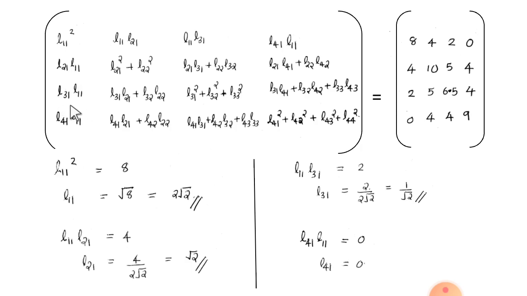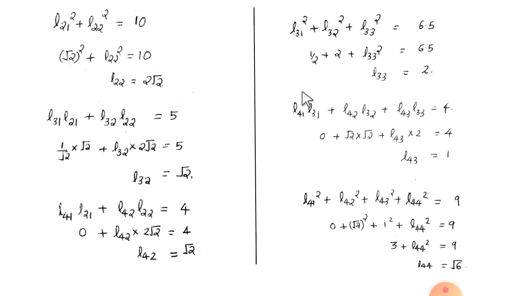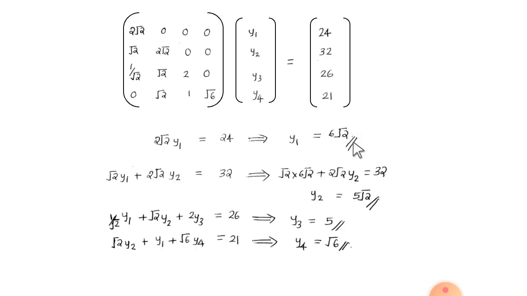In the position of L31, L11 the value given is 2. So you have to equate that with 2. We know the value of L11, substitute it, then we can obtain the value of L31. Similarly, equating all these terms with the corresponding terms in the A matrix, you can find the values of these unknowns here. Thus you can solve and find the values of the unknowns.